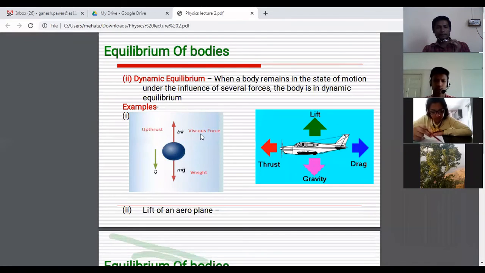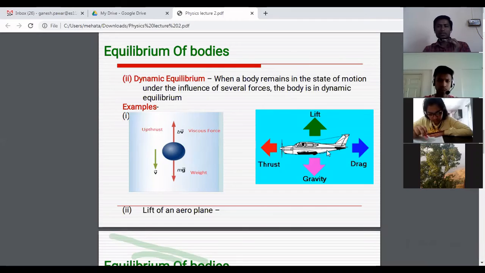These forces are equal and opposite, along with the force of friction, which acts in the opposite direction of the motion of the raindrop. So the net force is zero, which is why the body is in uniform motion. Hence, it's in dynamic equilibrium. Yes, very good, excellent.